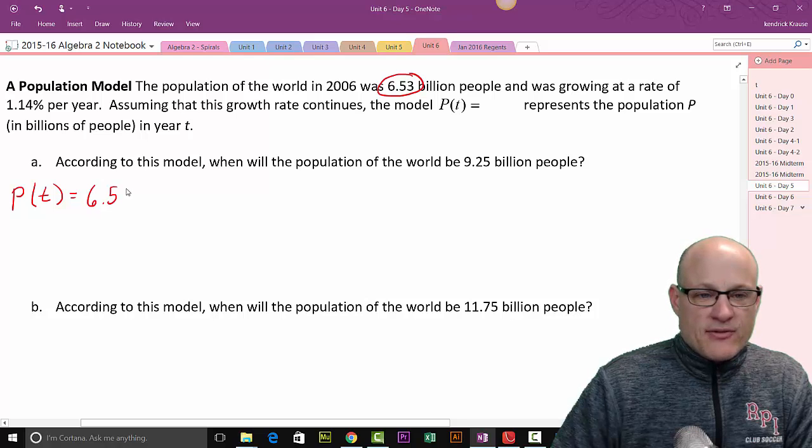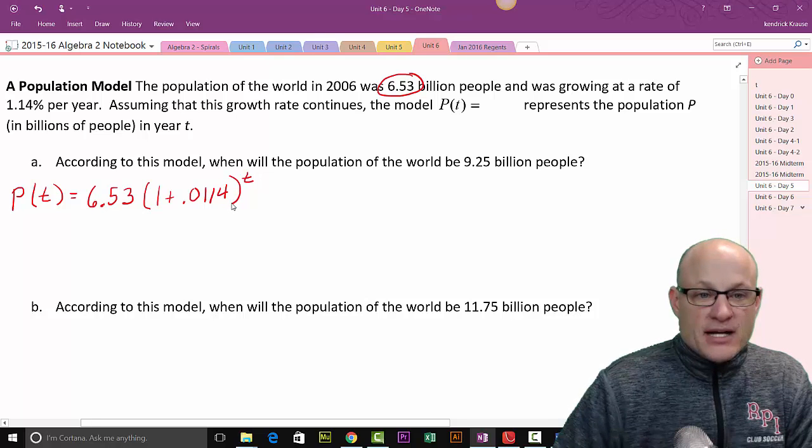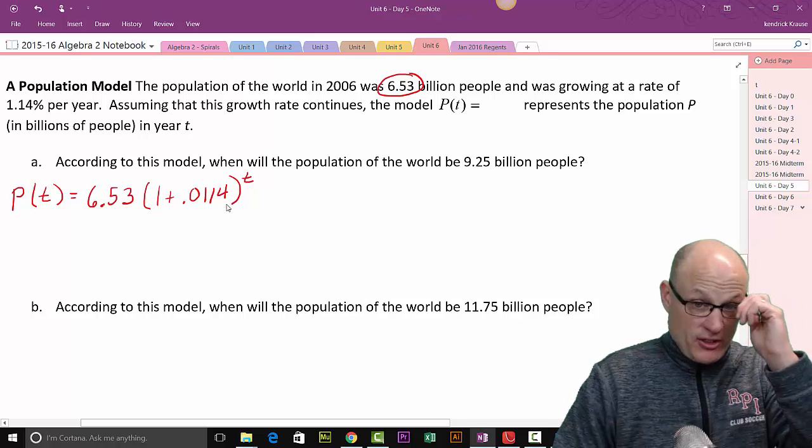So 6.53 billion people, growing at a rate of 1.4% per year. So we're going to go 1 plus 0.0114, 1.14%, 0.0114 to the t. That's our model. So what I mean by model is that's our equation that we'll use to solve these things.